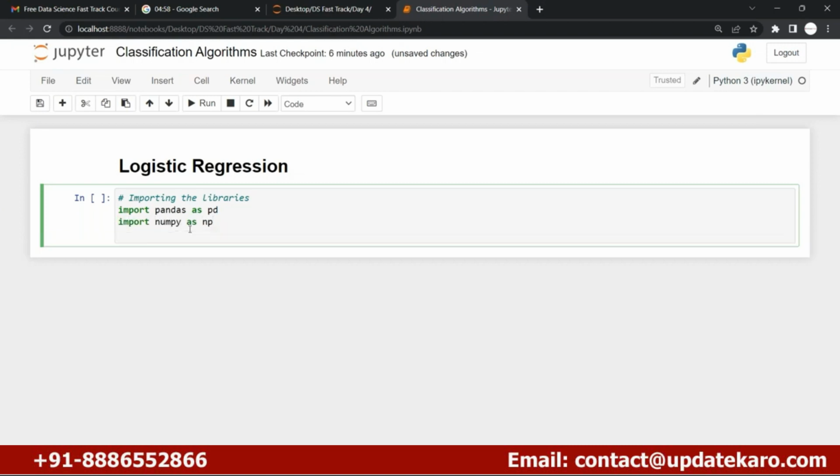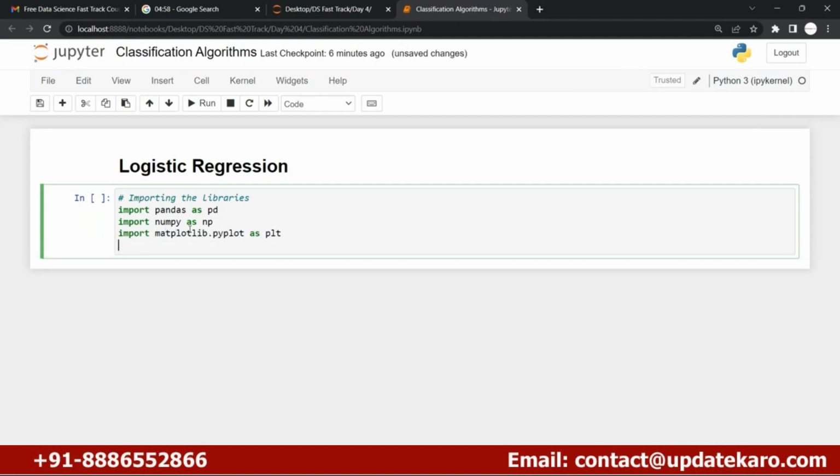Third library is import matplotlib.pyplot as plt. And what will be the fourth one? For creating a classification model, we will have to import the most important Python library for machine learning algorithms, which is the sklearn library.